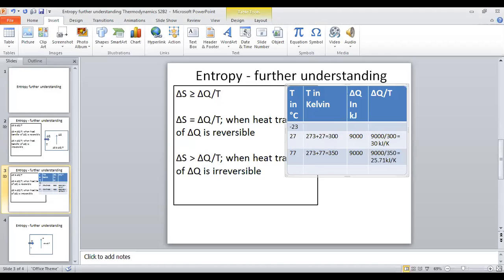So the temperature is 273 minus 23, which is 250 Kelvin. Same kilojoules, 9,000.